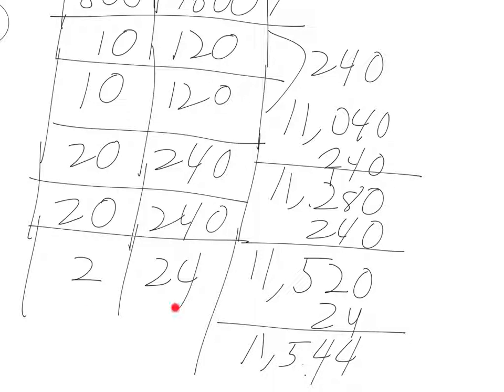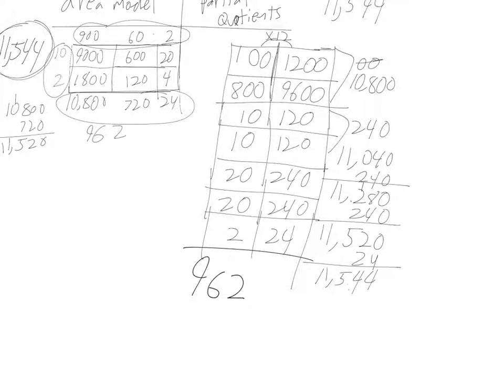I did it 2 more times to give me 24 more, 11,544. So I got my whole dividend here. Now all I would have to do is add up all of the numbers that I divided into, which gives you a quotient of 962. So we used this ratio table to figure out the quotient of the same problem.